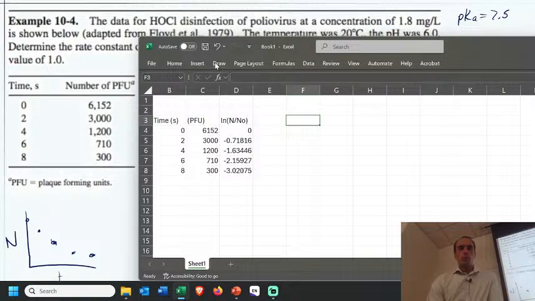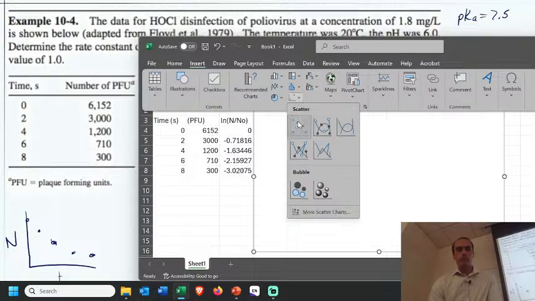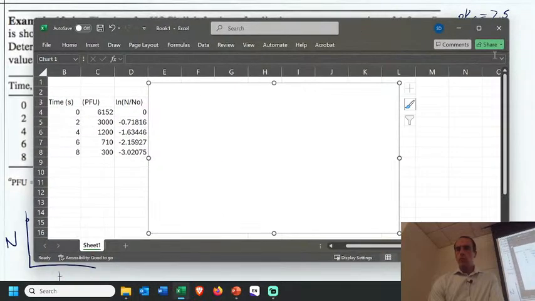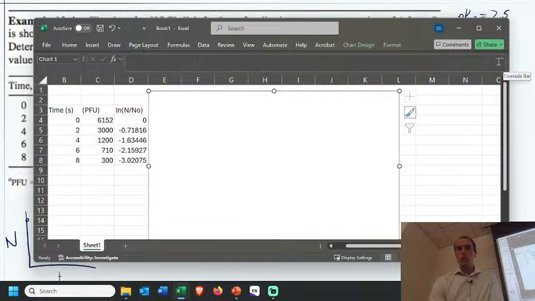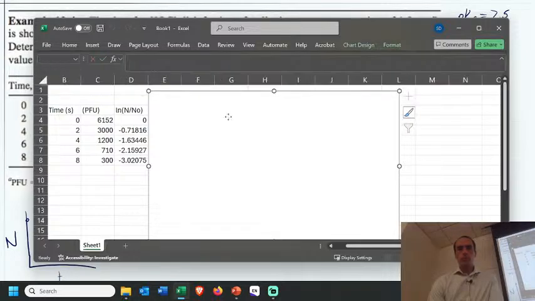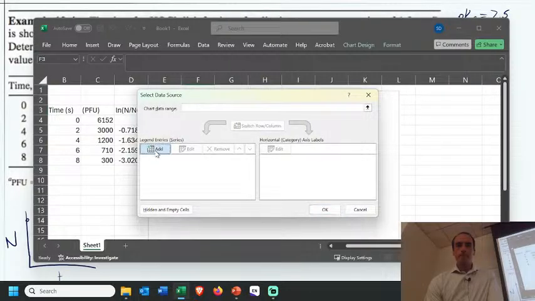Now, once we have that, we can go and add in a scatter plot. Add in the data.